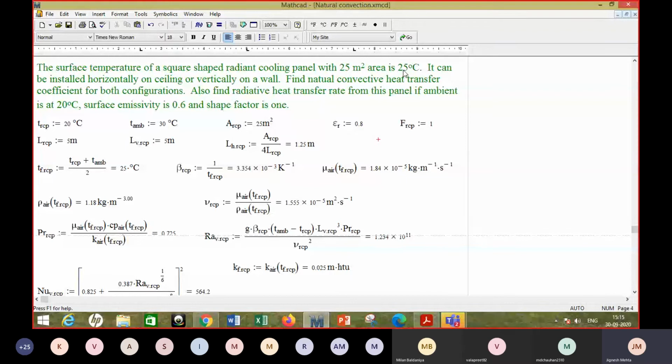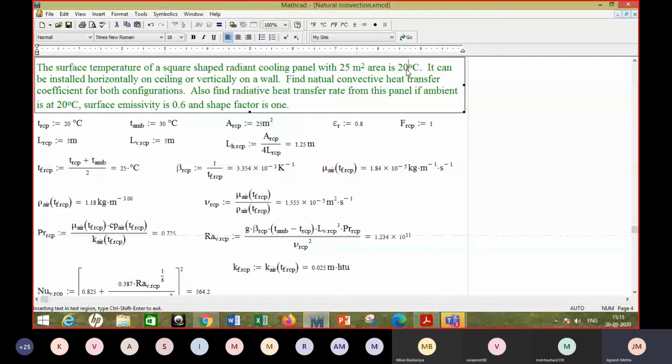Now here it is written 25, but actually 20 is taken, since 25 may be very high. Find the natural convective heat transfer coefficient for both configurations. Also find the radiative heat transfer rate from the panel if ambient is at 20 degrees Celsius. Now ambient is not at 20, ambient is at 30. That is, the room is at 30 and the plate is at 20.